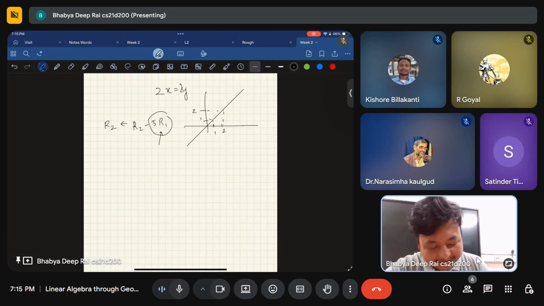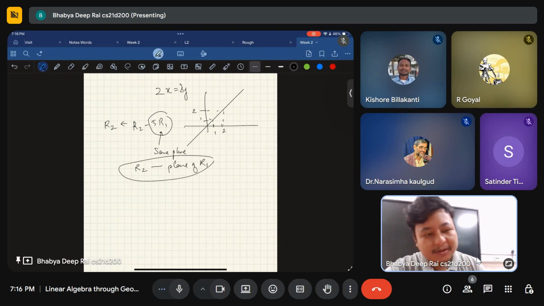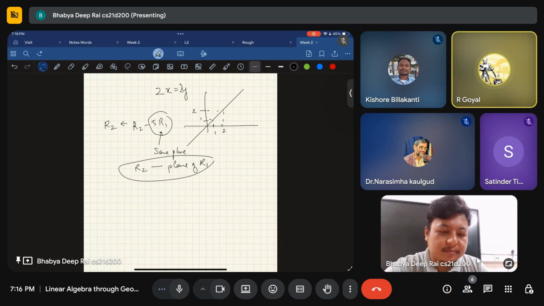This 5R1 still represents the same plane. Then you are just subtracting the plane of R1 from R2, and the solutions will not change. But what's the meaning of this plane minus plane?